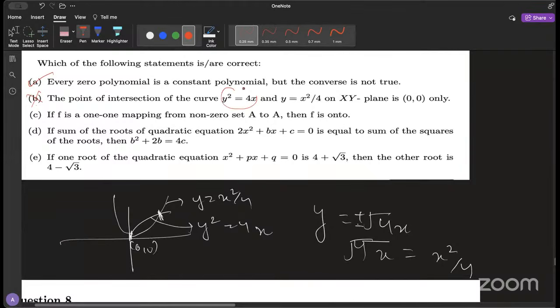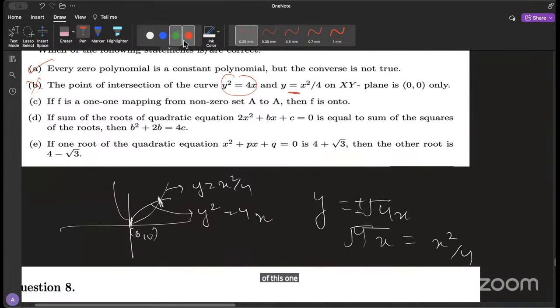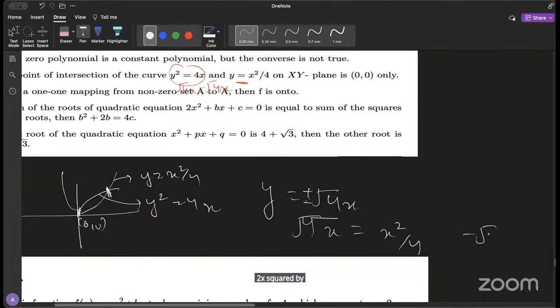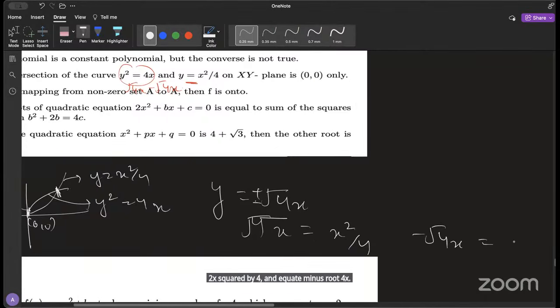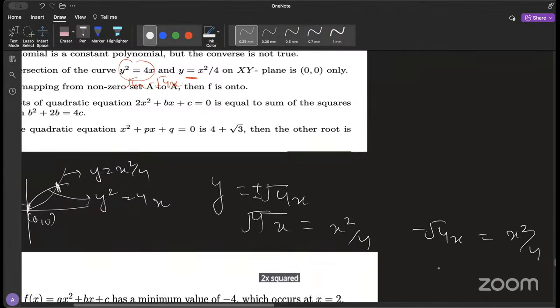Find y from here, equate it to the y of this one. So the y from here will be root 4x and minus root 4x. Then equate root 4x to x square by 4 and equate minus root 4x to x square by 4.